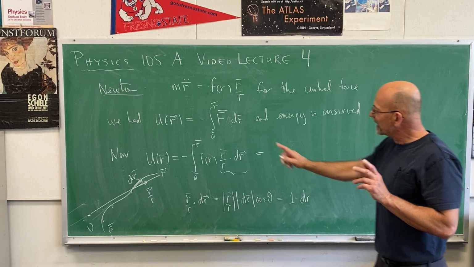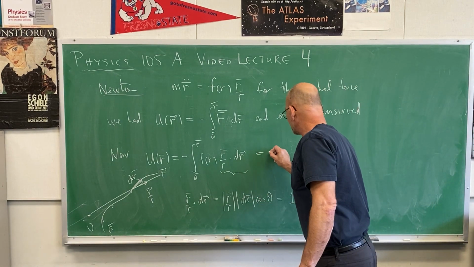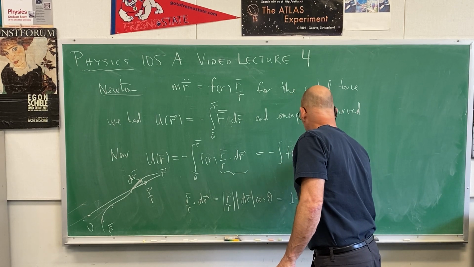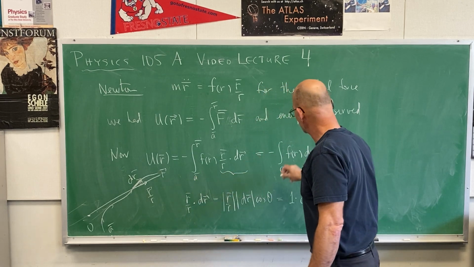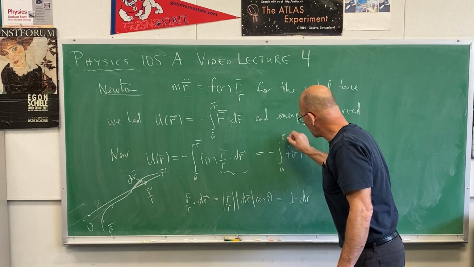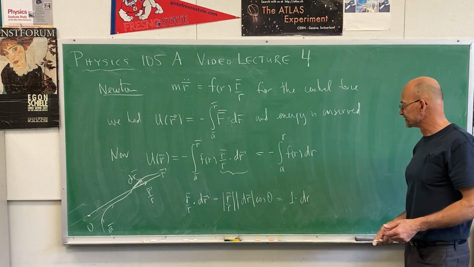So yeah, make a bigger picture of this idea, but what this gives us is F of R dR from A, which is the magnitude of this one, you can think of concentric spheres at this point, to R, which is the radial distance out from that central origin.